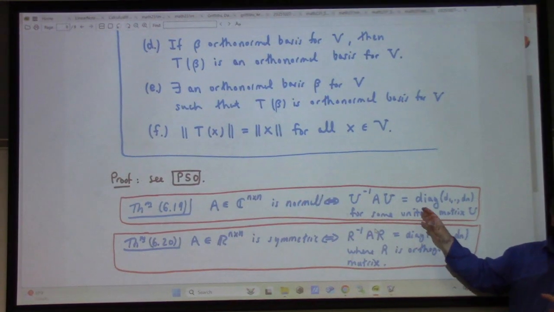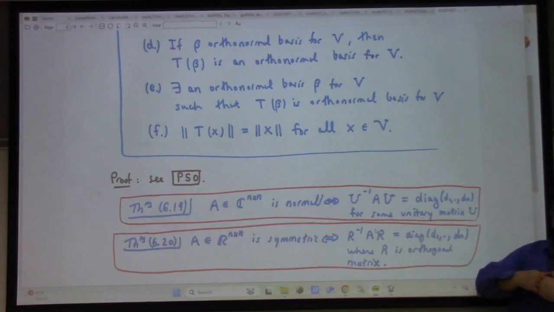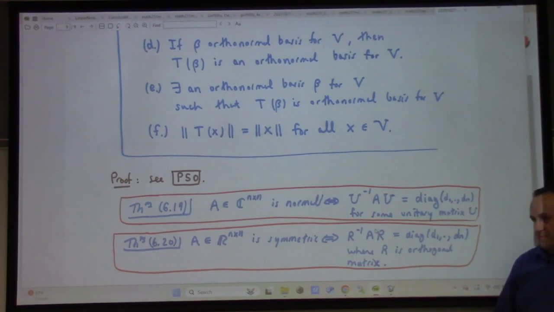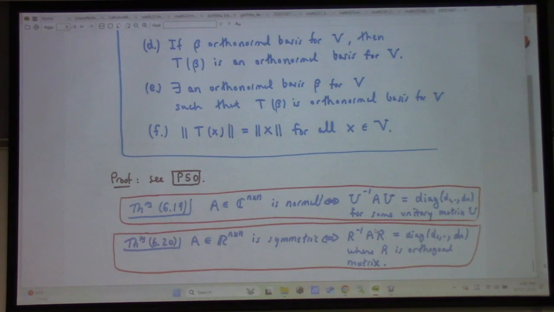But we'll talk more about unitary and orthogonal. Next class, I'm going to spend just talking about unitary versus orthogonal, what that all means and how that works. But these are the main theorems. This is the reason we're even talking about the adjoint and all this, is to understand these theorems basically.